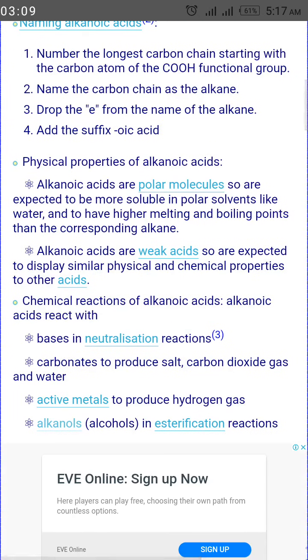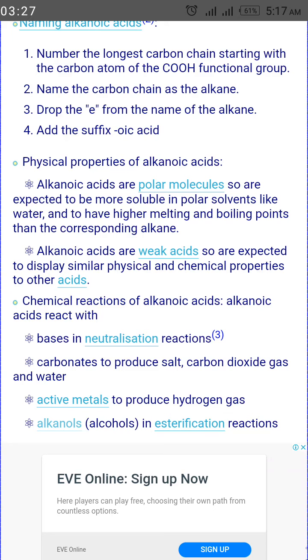Now let's look into the physical properties of alkanoic acids. Alkanoic acids are polar molecules, so they are expected to be more soluble in polar solvents like water and to have higher melting and boiling points than the corresponding alkane. The same thing happened to the alkanols too.